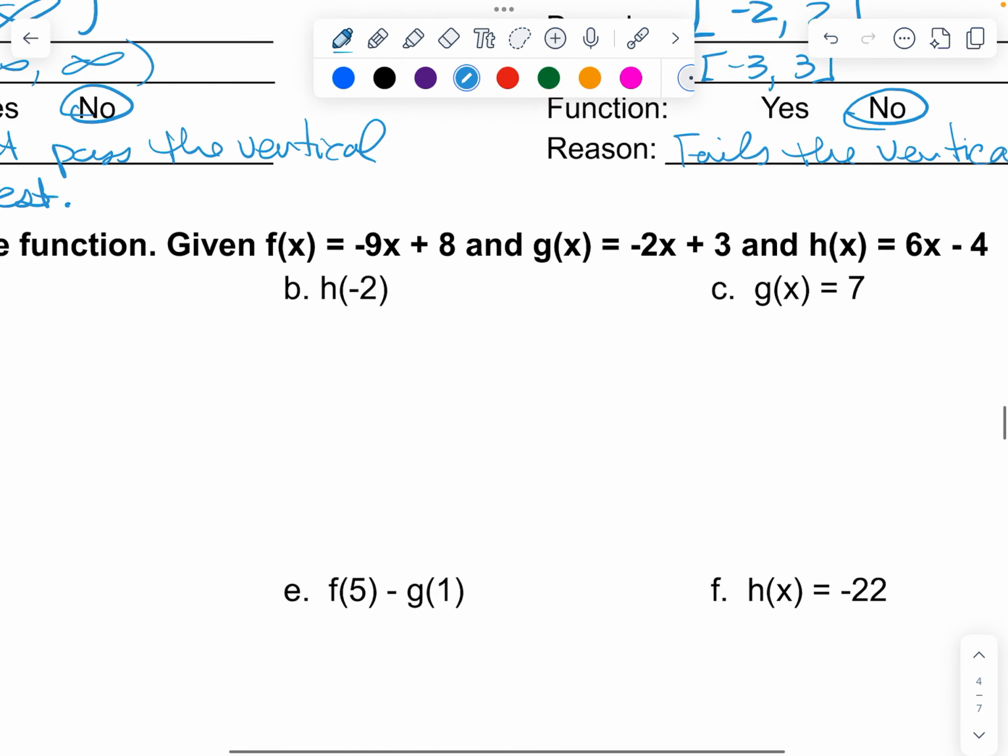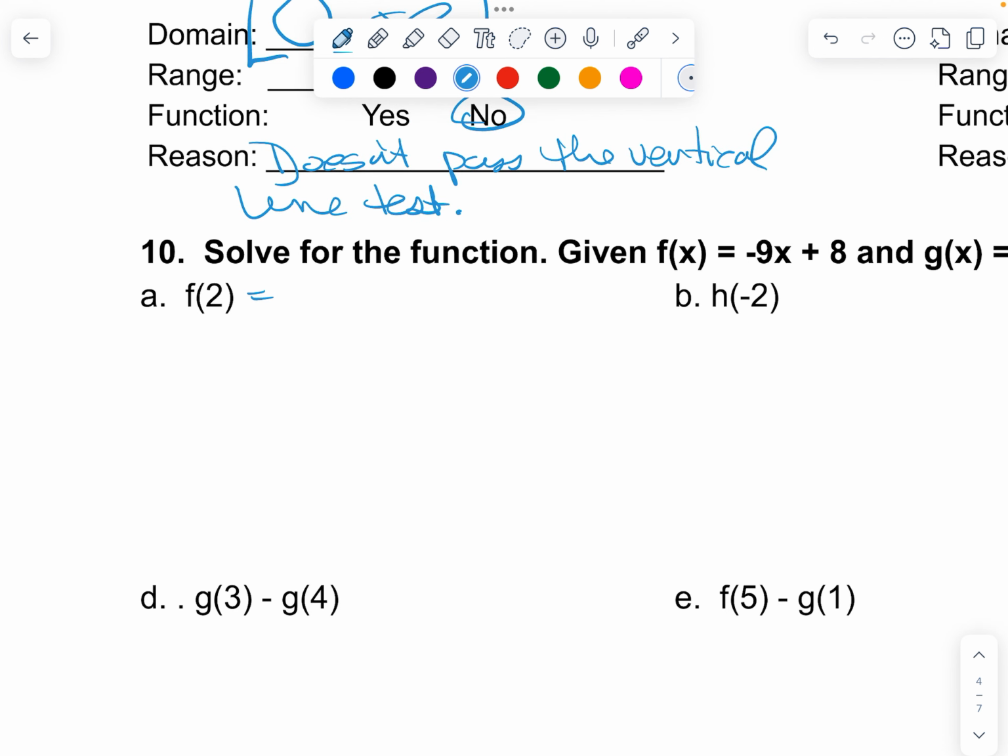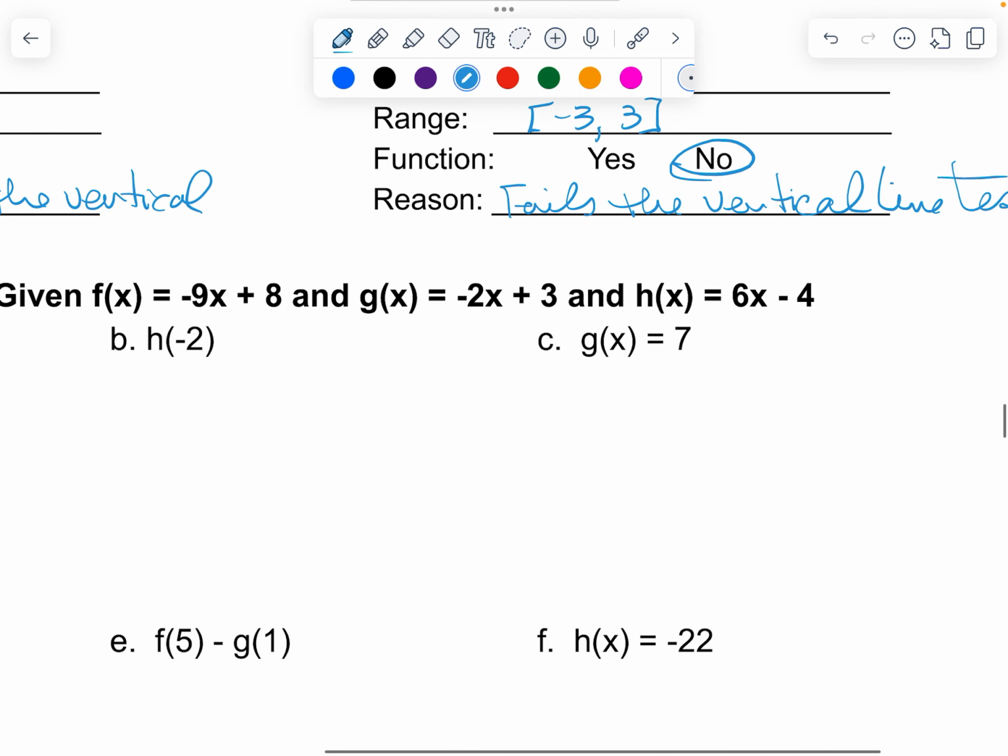Okay, solve this. So I'm going to replace x with 2: -9 times 2 plus 8. So that's going to get me -18 plus 8, which is -10. So f of 2 equals -10. For h, I'm going to replace x with -2.